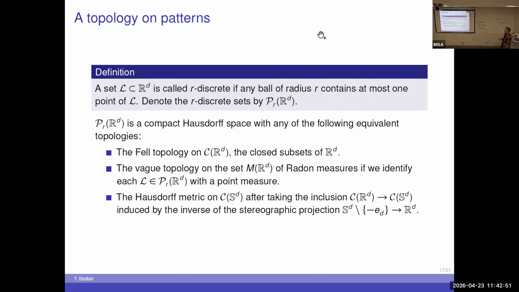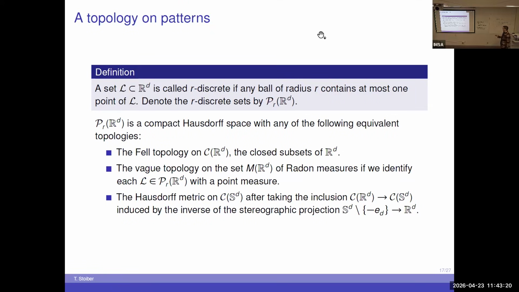Equivalently, one can describe this in terms of the so-called vague topology on the set of Radon measures. This is the formulation of Bellissard and Kellendonk originally. But really, if you want to understand visually what this topology actually means, you should take the Hausdorff metric on the d-dimensional sphere after taking the stereographic projection.